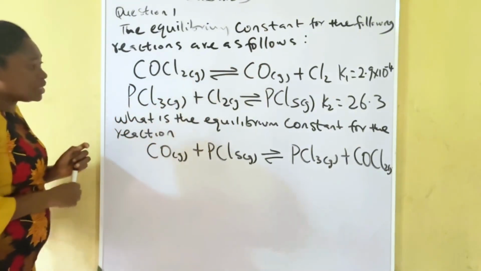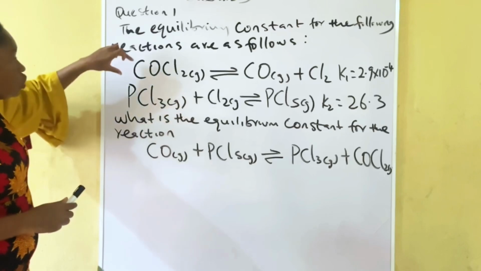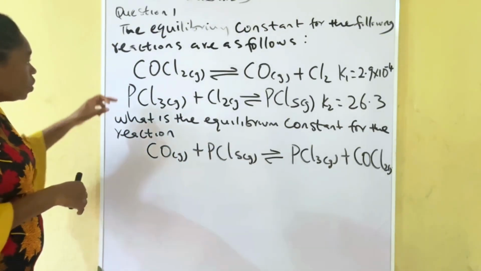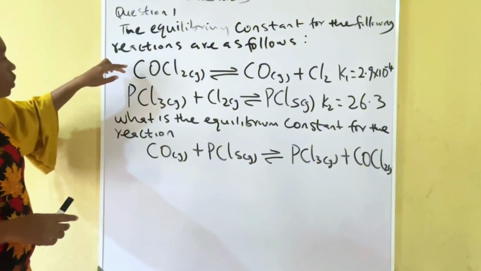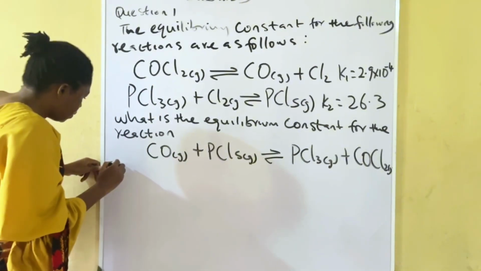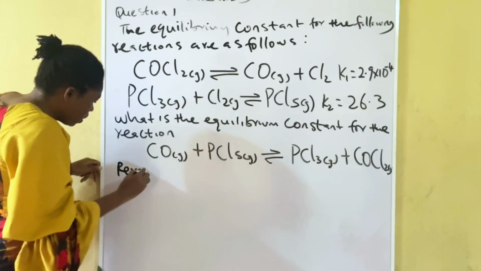So what it means is that we are going to rewrite equation 1. We are going to reverse it. So the first step is to reverse equation 1.